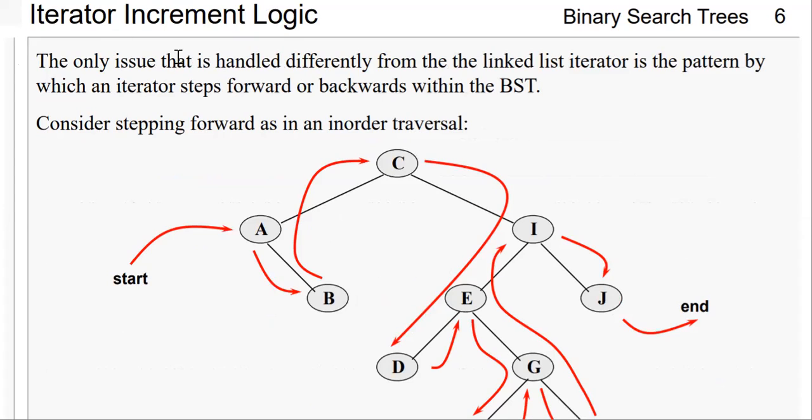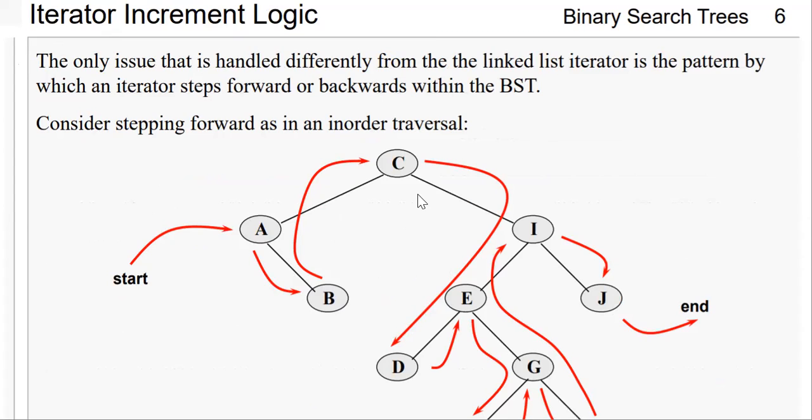In the iterator increment logic, we first start on node A, then visit B, and then C, based on in-order traversal: root, left and right. So A is the root, B is the left node and C is the right node.